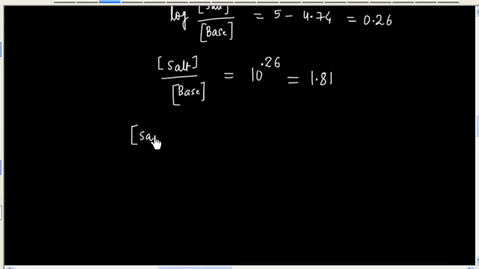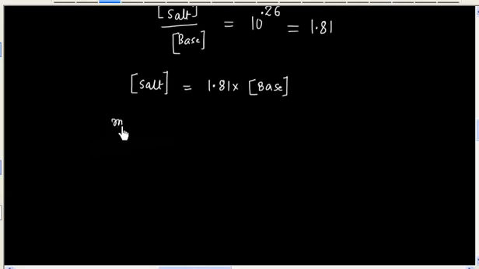So concentration of salt is 1.81 times concentration of base, or we can say mole of salt is 1.81 times mole of base, because volume of solution remains constant.